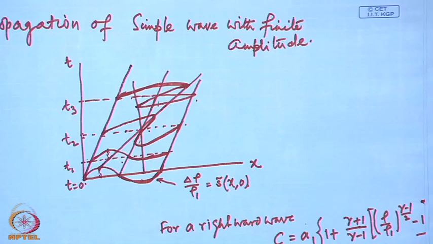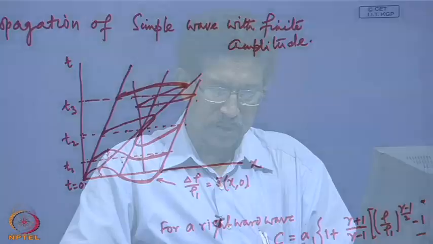However, the expansion part flattens as it propagates, consequently the gradients become smaller and smaller, and stationarity is never reached and no expansion shock occurs. That is, the expansion part always remains isentropic.